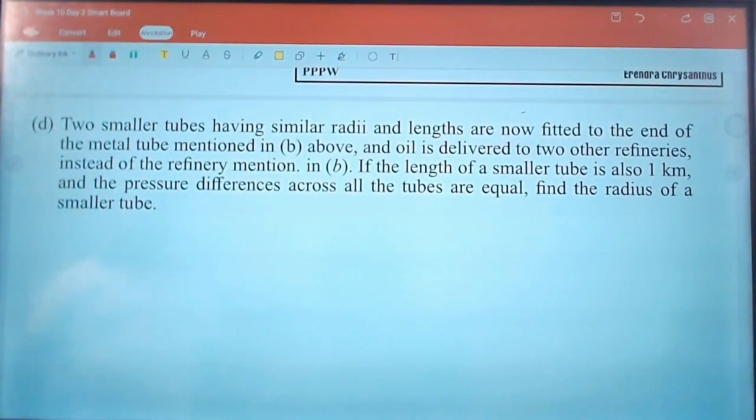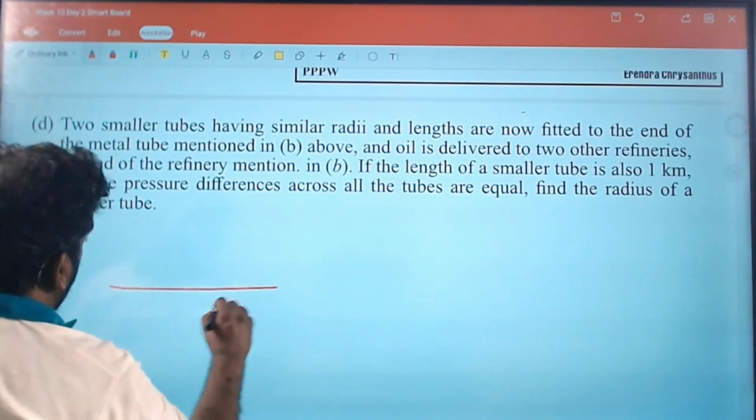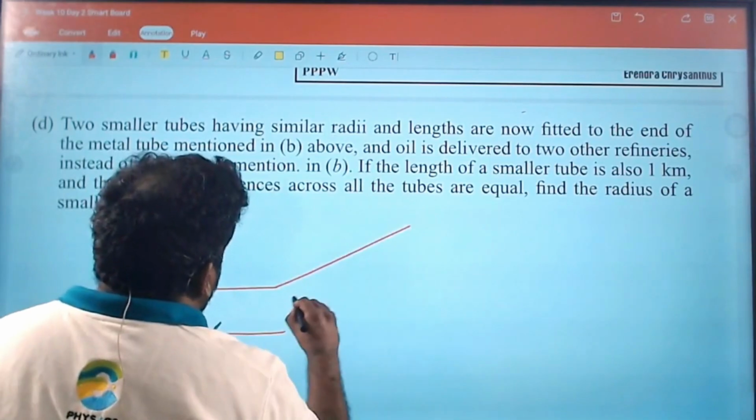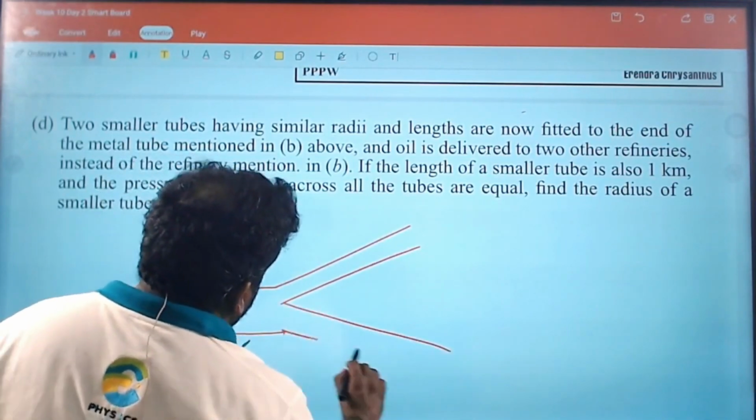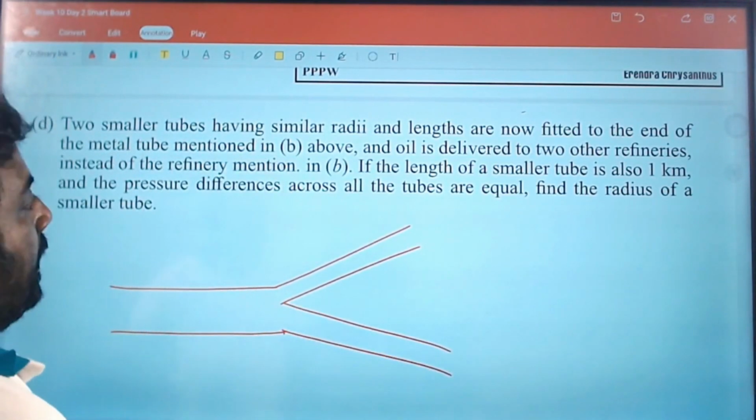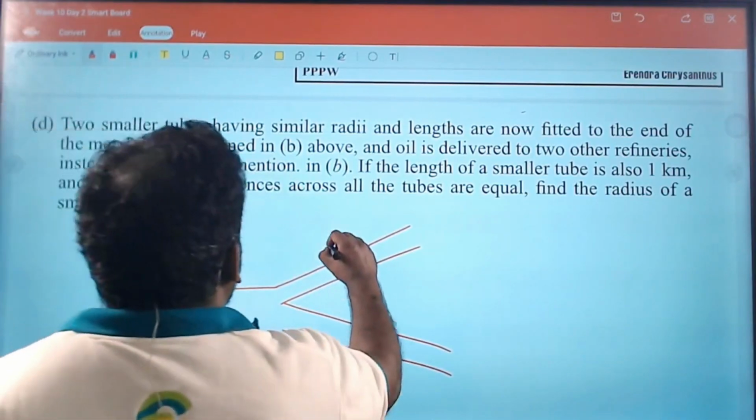Two smaller tubes having similar radial lengths are now fitted to the ends of the metal tube mentioned above. Oil is delivered to two other refineries. So from here it's coming, we connect it to two other refineries. Length of the small tube is also 1 kilometer.